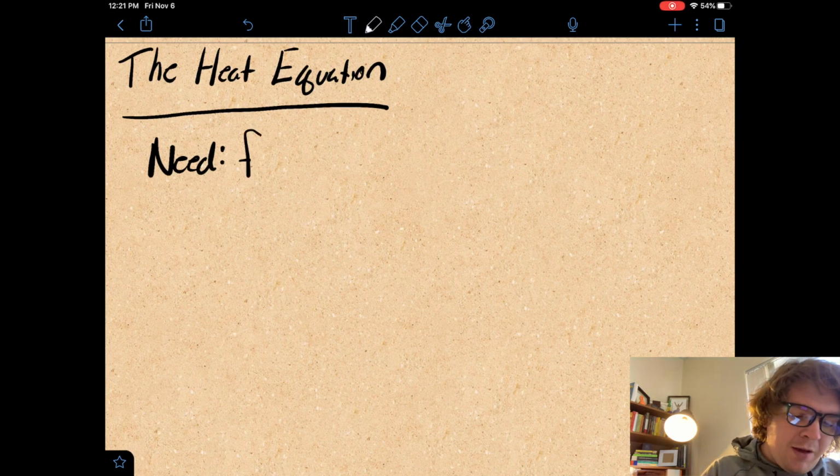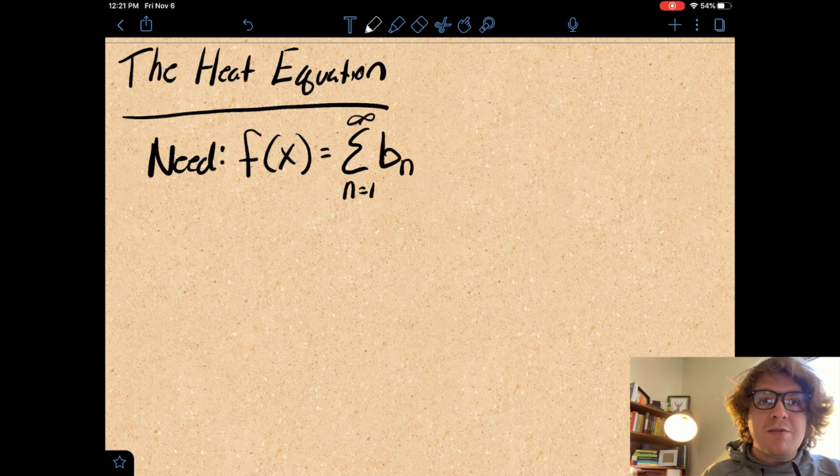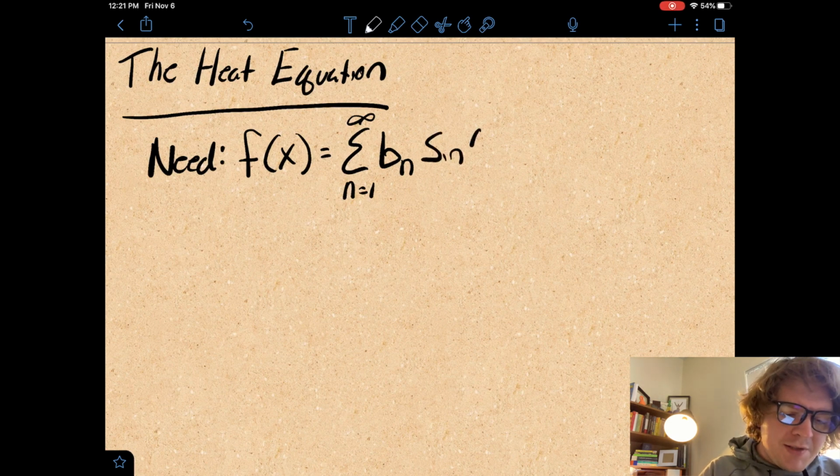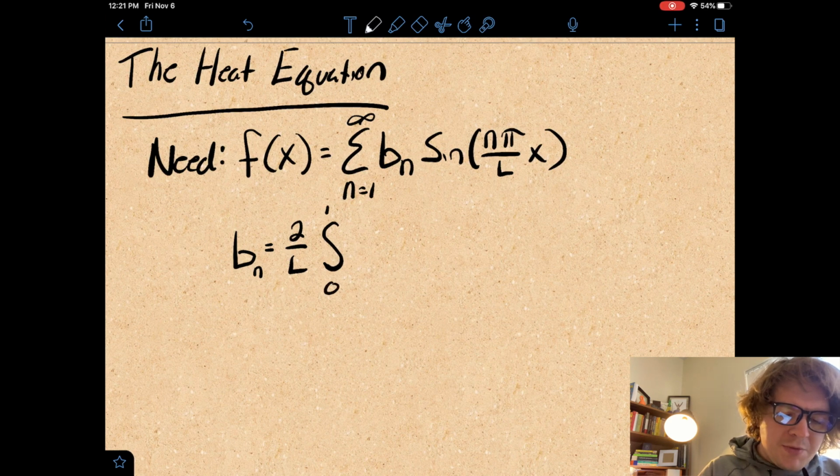So in particular, if we have a function, let's say some f of x, that we want to express as the sum from n equals 1 to infinity of some coefficients that depend on n, call them b sub n's, times sine of n pi over L times x, I need you to know that these b sub n's can be written as 2 over L times the integral from 0 to L of our function f of x times sine of n pi over L times x.